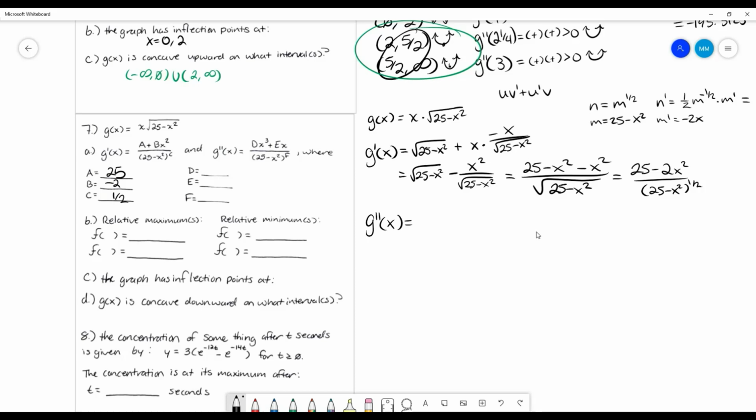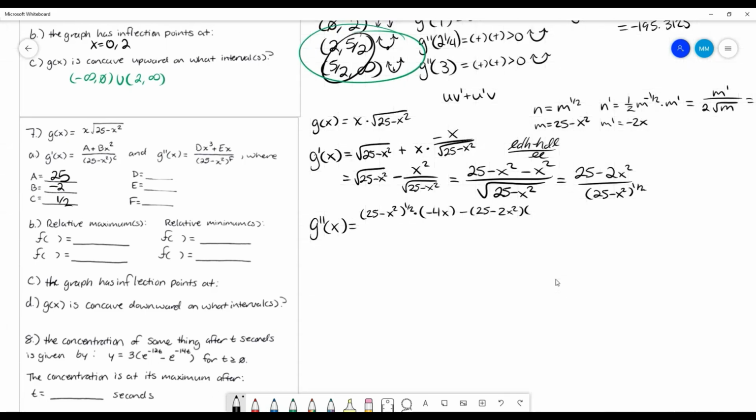So now we need to apply our quotient rule, which remember, low d high minus high d low over low low. So I'm going to get this times the derivative of my high term, which is going to be negative 4x, minus my high term times the derivative of my low term.